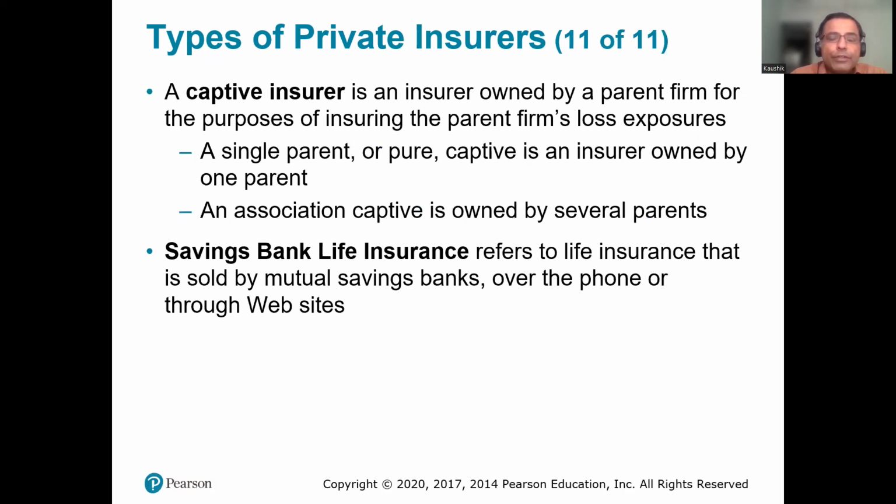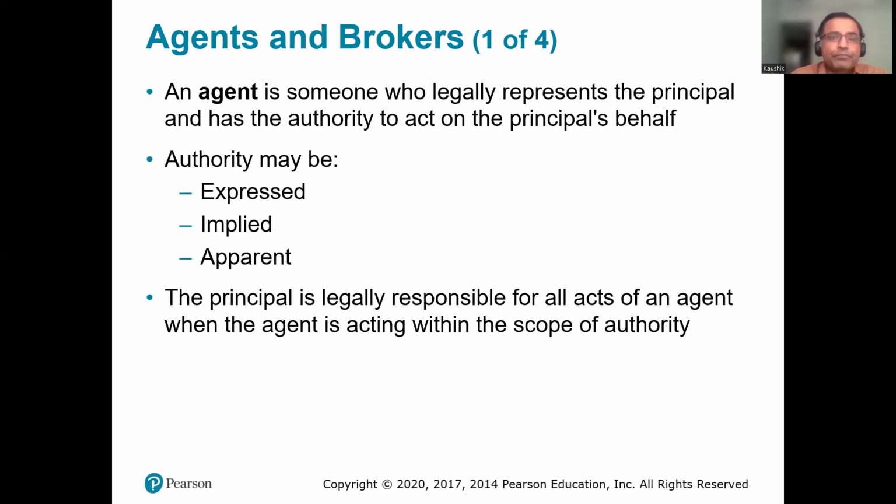A captive insurer is owned by a parent firm and it provides insurance cover for the parent's loss exposure. It could be owned by a single parent or a group of parent companies. Savings bank life insurance refers to life insurance provided by a mutual savings bank directly.